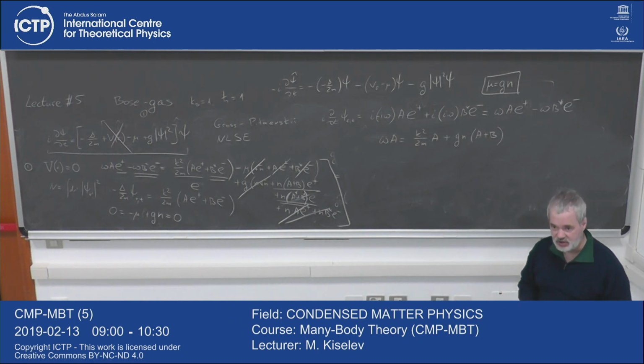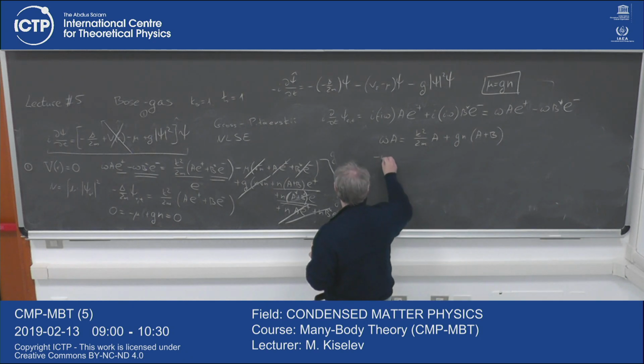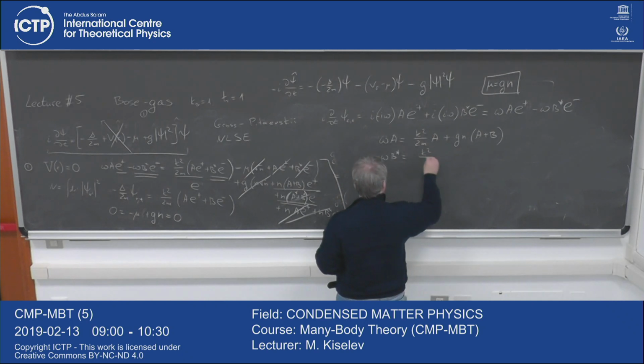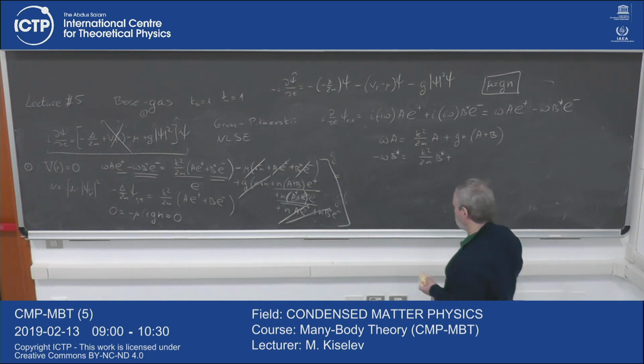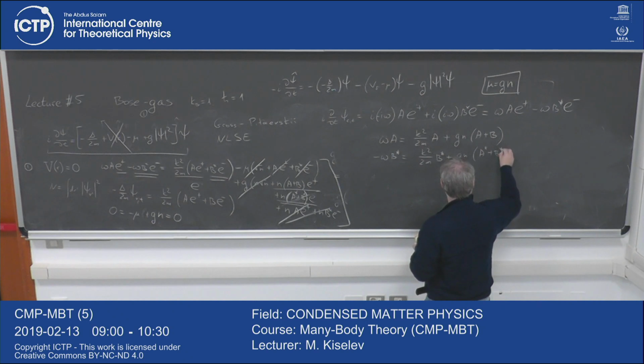So these are coefficients in front of the exponents e to the i(k r minus omega t). The second equation is minus omega b star is equal to k squared over 2m b star plus g n a star plus b star.